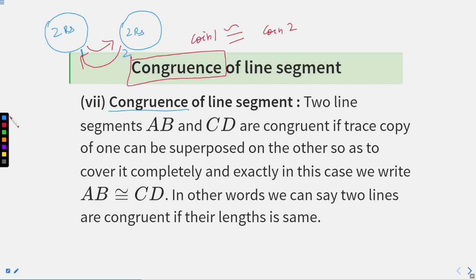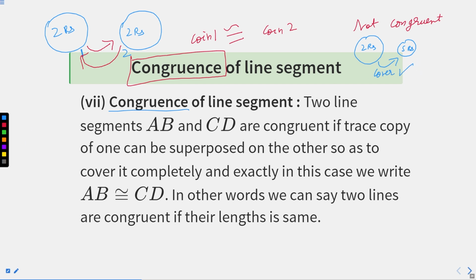Let's take an example of not congruent. If you see that a 2 rupee coin is bigger than the 5 rupee coin, if you try to put this 2 rupee coin on top of the 5, the 2 will completely cover it. Yes, it covers completely.